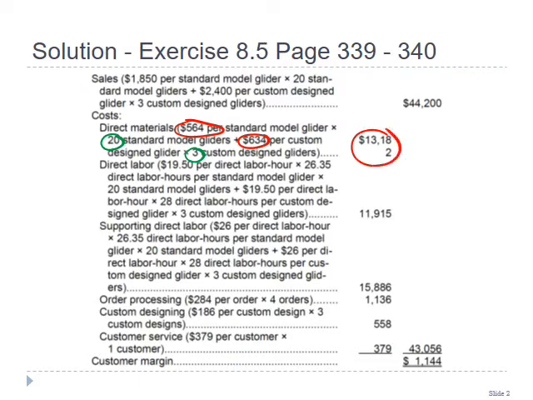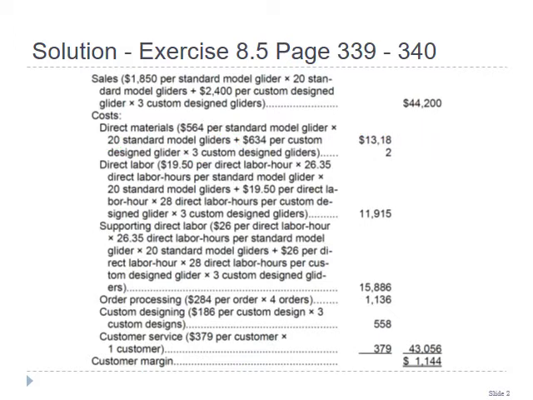So where did this $13,182 come from? 564 multiplied by 20, plus 634 multiplied by 3. The answer is 13,182, right?